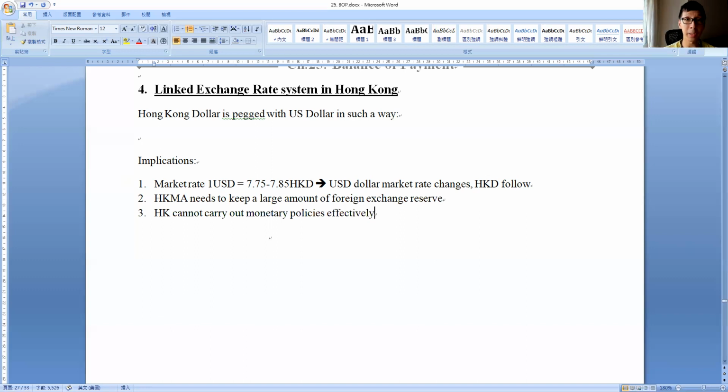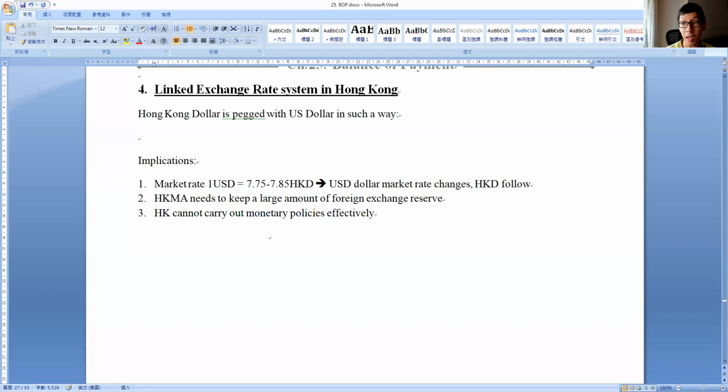When we talk about monetary policy, we are talking about changing the market through manipulating money supply. But the problem is, when money supply changes, it also changes the exchange rate. Through the system we talked about, banks or HKMA would need to counteract the change in money supply.